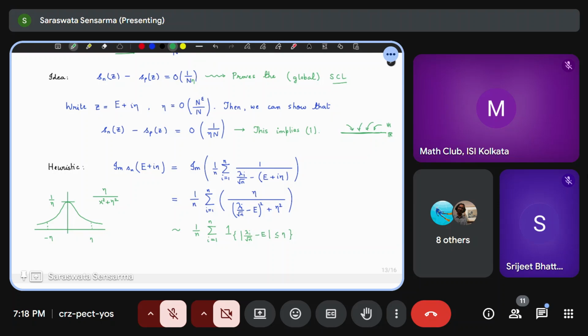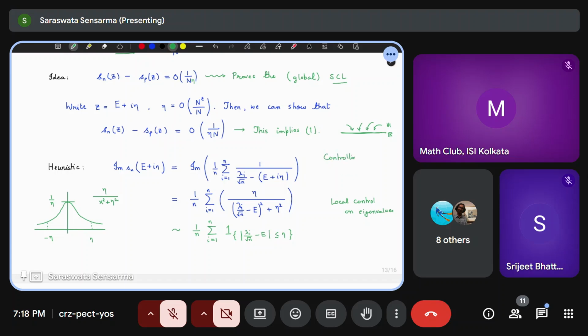So this is why the Stieltjes transform method is nice: local control on the Stieltjes transform corresponds to local control on eigenvalues.